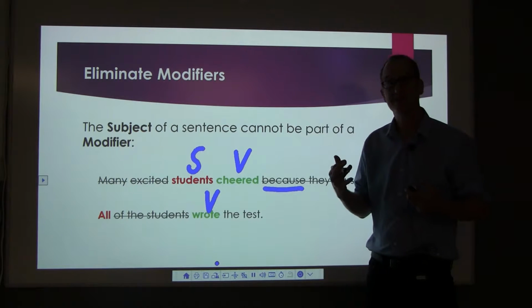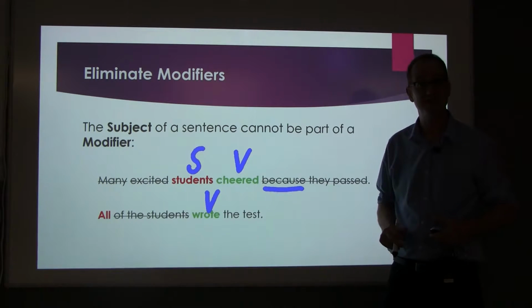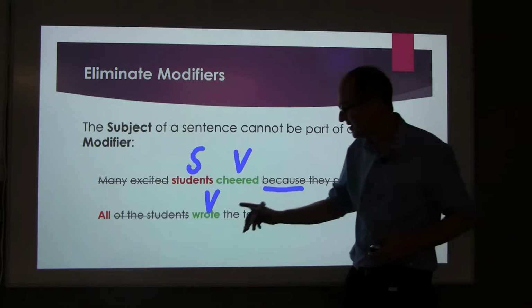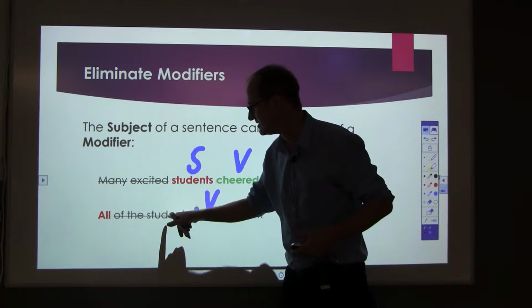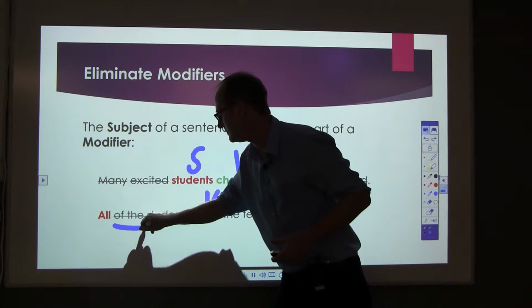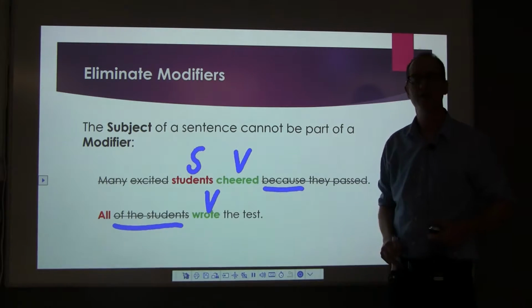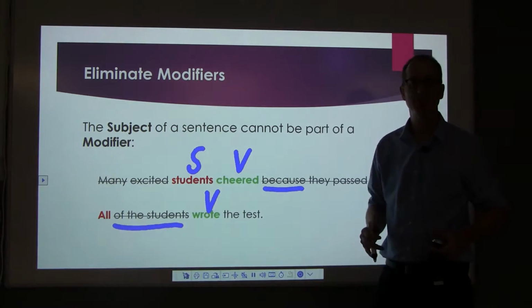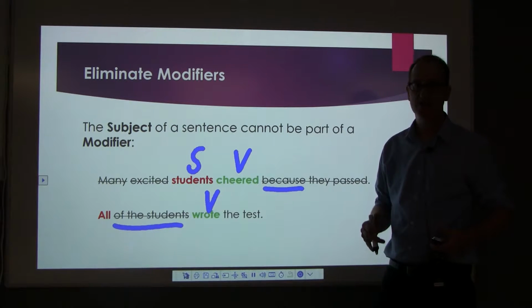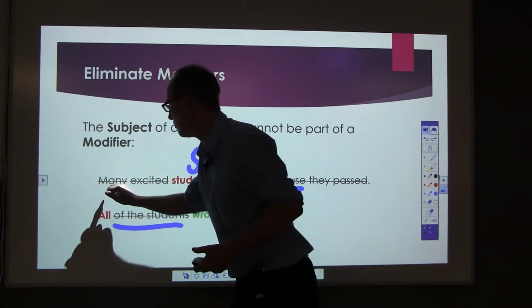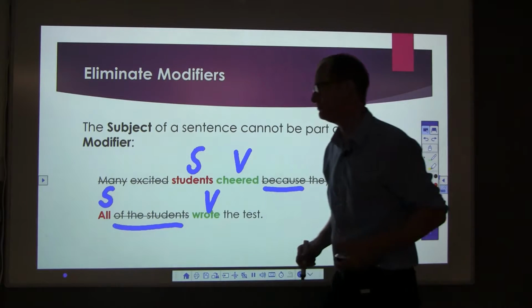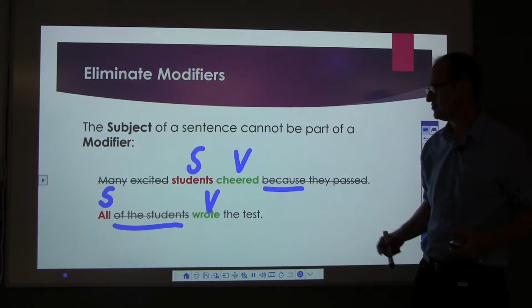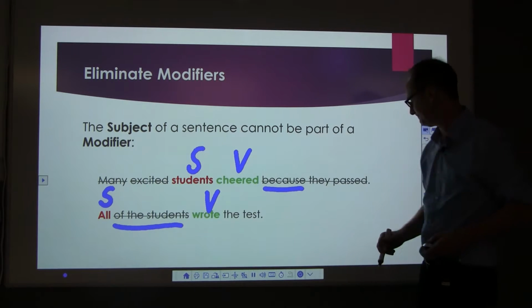And so you might be tempted to say students is the subject of this sentence, but it's not, because of the students is a modifier. And students is part of that modifier. So the students cannot be the subject of the sentence. So the subject here is the pronoun all. So all is the subject, wrote is the verb.